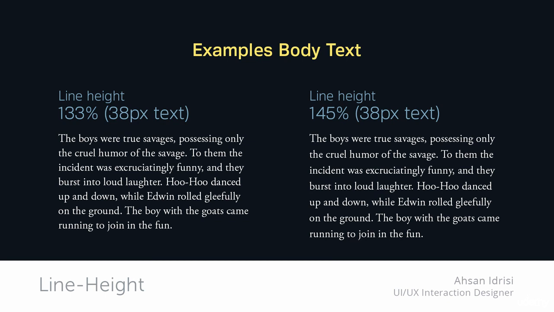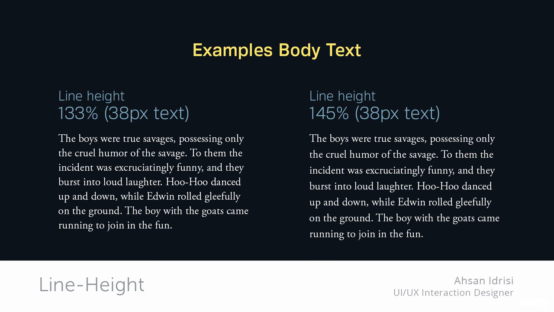So basically what we do here is multiply 38 pixels by 1.33, and what we get is our line height. So it might be 42 pixels, 46 pixels, or whatever it is. On the right side we have a bit bigger line height, which is 1.45. You can see how it affects the readability.